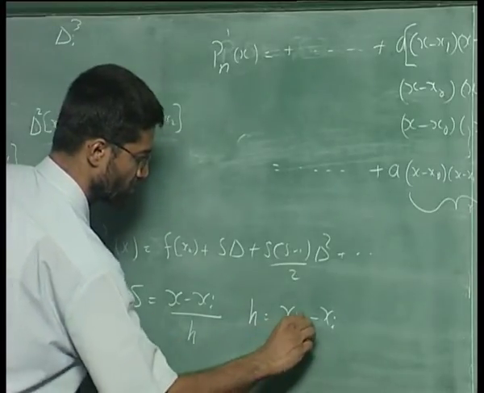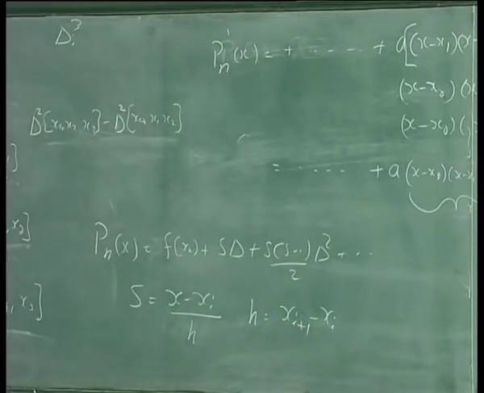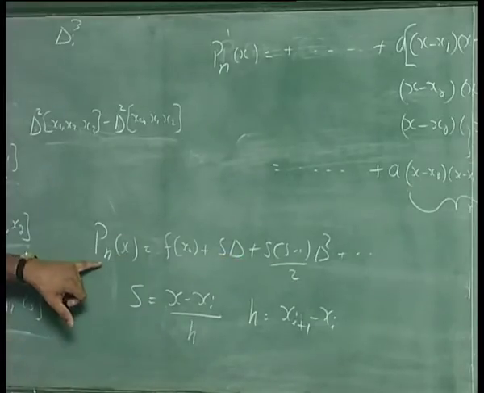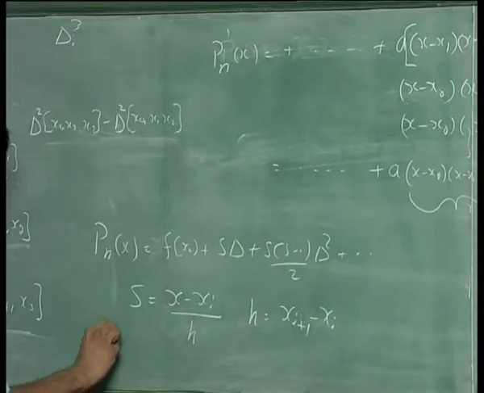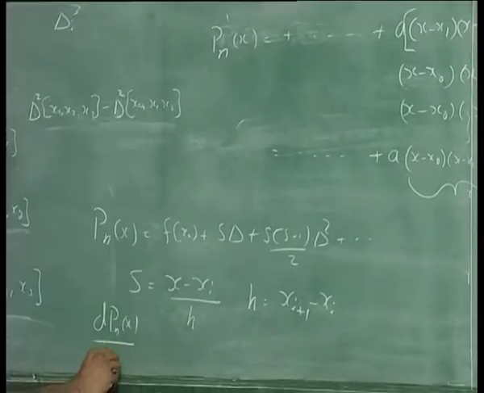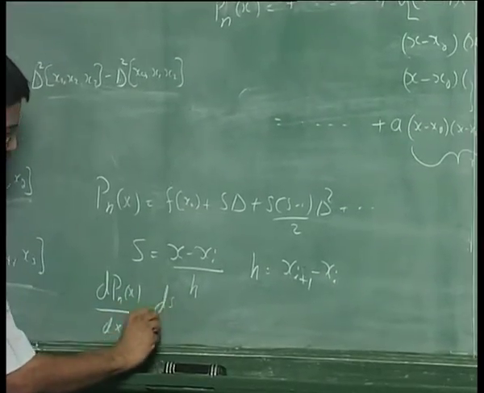Okay, so xi plus 1 minus xi. So that is what we had. Okay, and now we could write everything in terms of the s variable, and we know that the derivative of this with respect to x is, when we wrote dPn of x by dx, we wrote it as ds by dx.